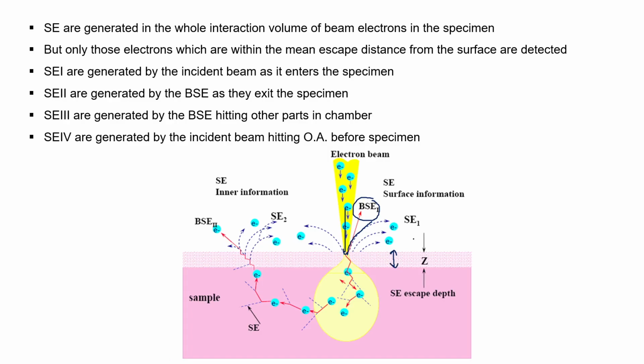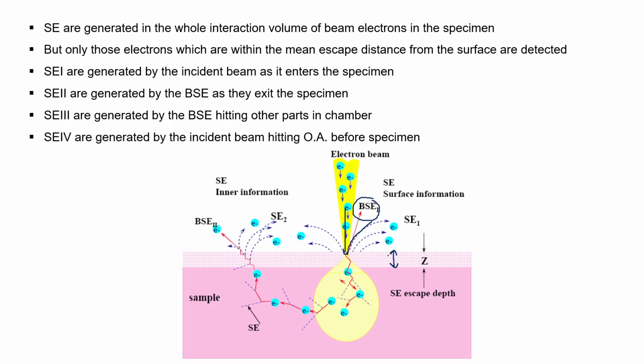Secondary electrons themselves have very low energy, and if they come from deeper down, they will lose their energy and will not be able to come out and be detected. So they are being generated in the whole interaction volume, but only the secondary electrons generated within this mean escape distance will be detected by the detector.